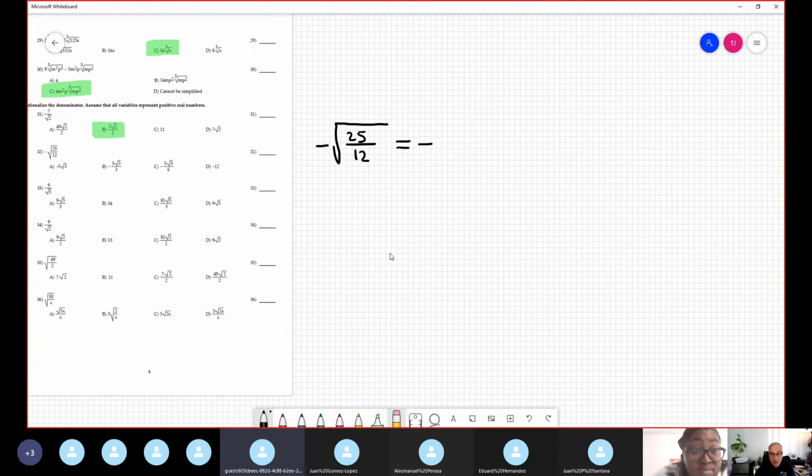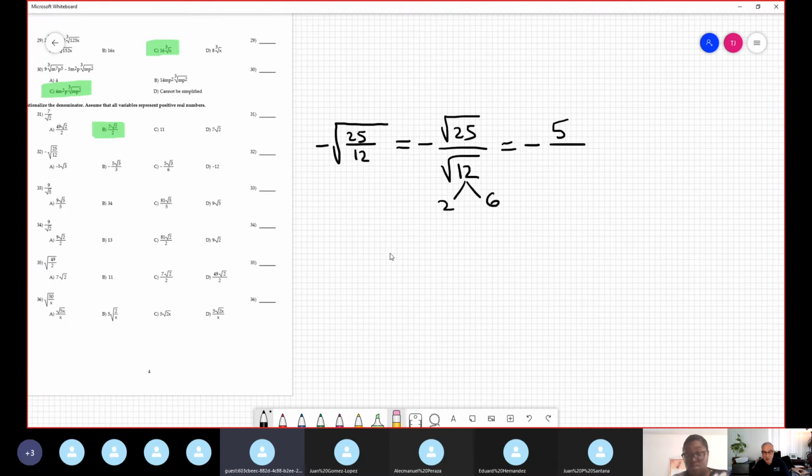You copy the negative here and I apply the property: any fraction we can separate. Then I detect that the square root of 25 is 5, negative 5, nice. But 12 is not a perfect square. No problem, I break it down to 6, to 3, and I detect a couple of 2. Okay, 2 goes outside, and inside stays 3. This 3 is this 3.